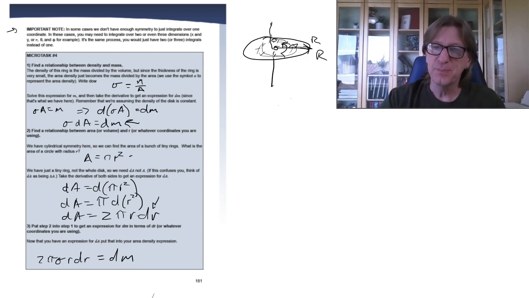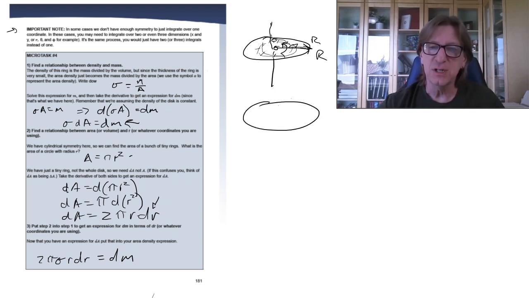Now I want to take one little aside here. We originally started out by talking about just this one little piece, but now we've used the entire ring that I've formed. And not only is there mass here, but there's mass all the way through this, right? And so this now is the dm that we're talking about.